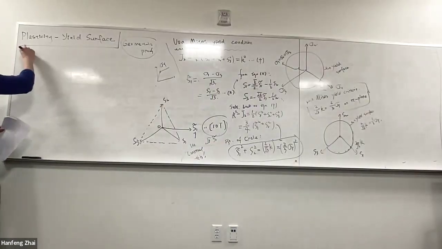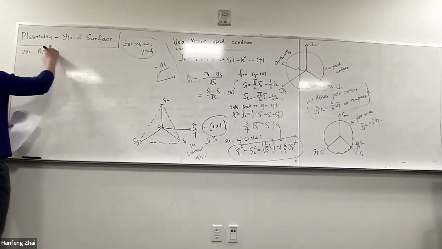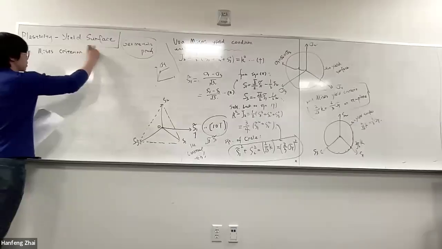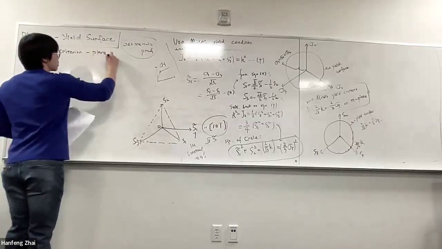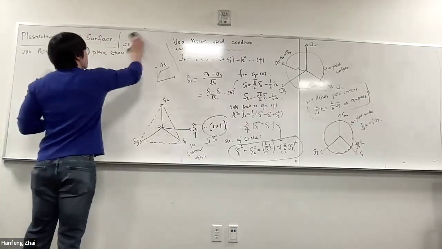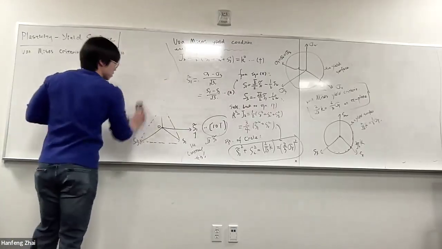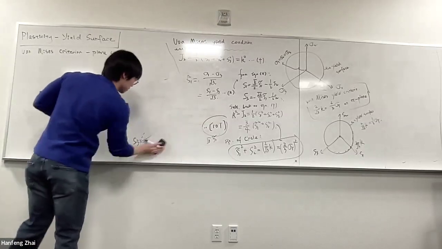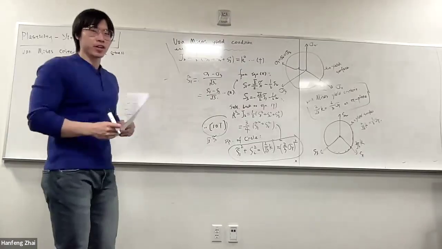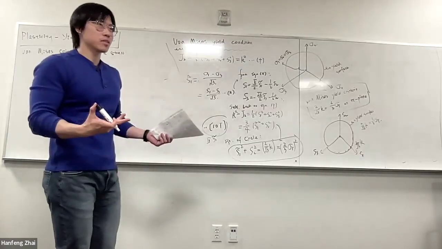So what is the Mises yield criteria under plane stress? All right, I've got a geometric two-part. If you recall, how do we define plane stress?